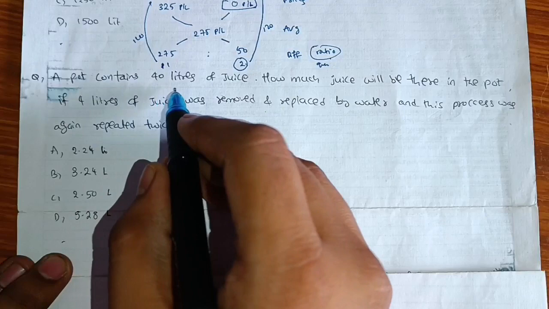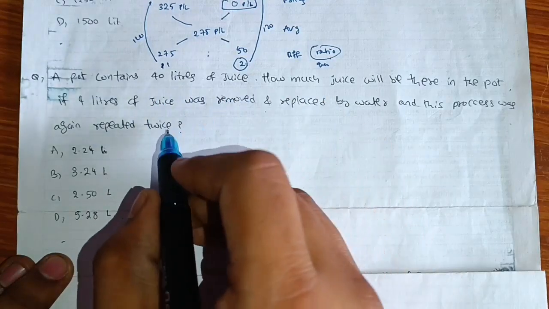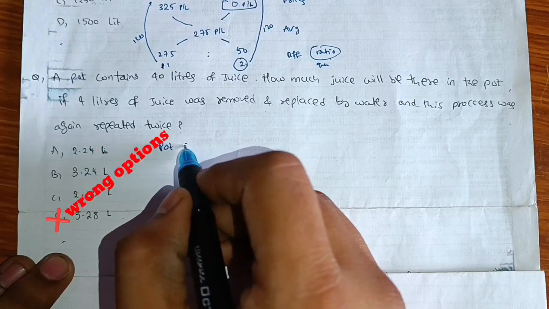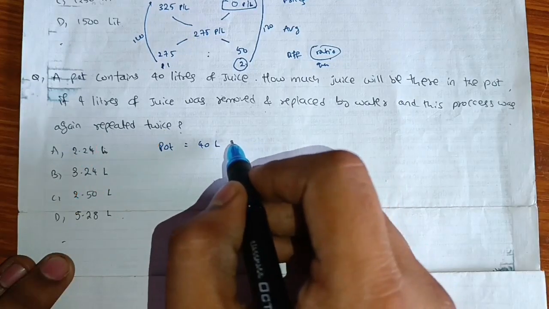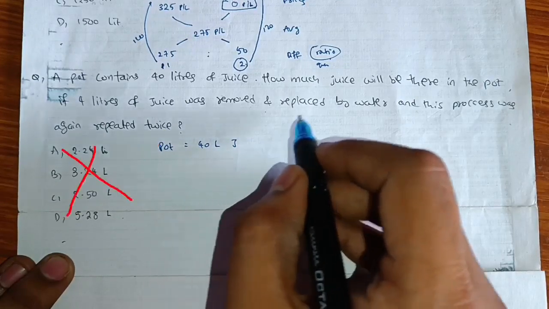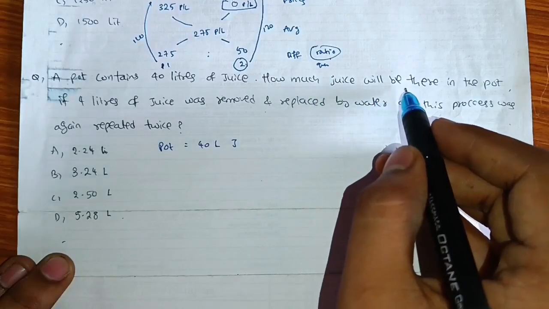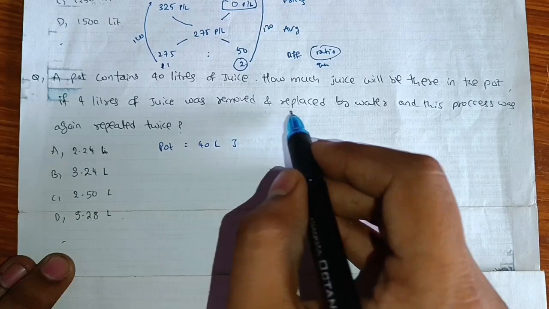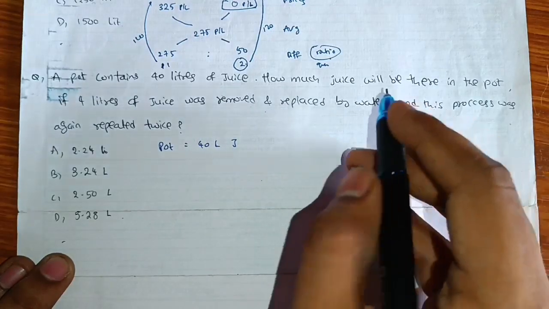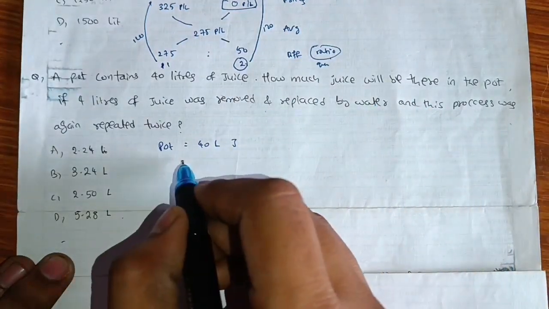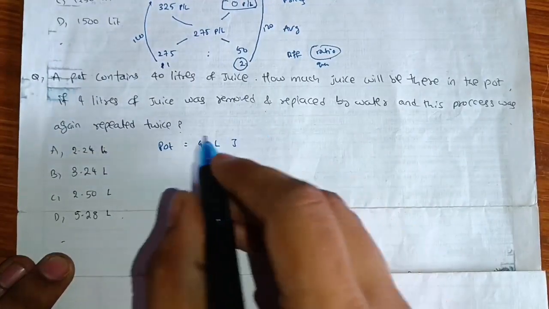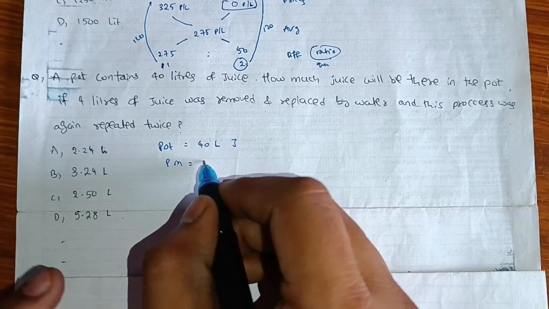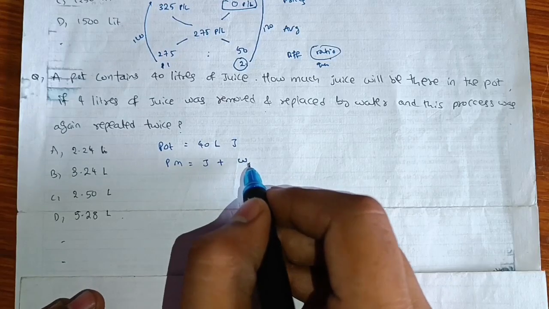A pot contains 40 liters of juice. How much juice will be there in the pot if 4 liters of juice was removed and replaced by water? So the pot mixture is made up of juice and water.